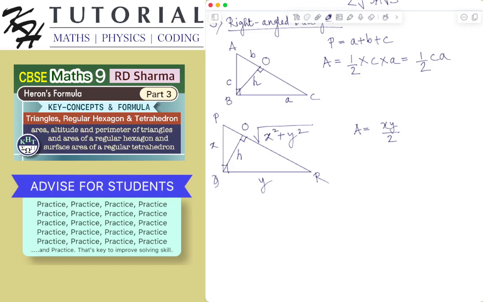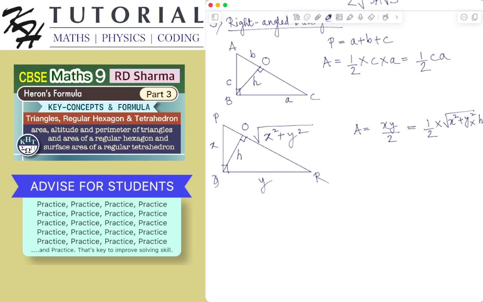Also, considering the hypotenuse PR as the base, the area will also be equal to half into the hypotenuse PR, which is square root of x square plus y square, multiplied by h, where h is the altitude corresponding to the base PR.